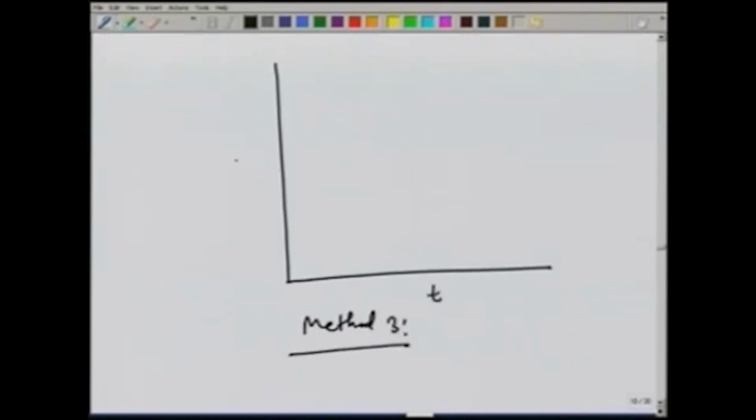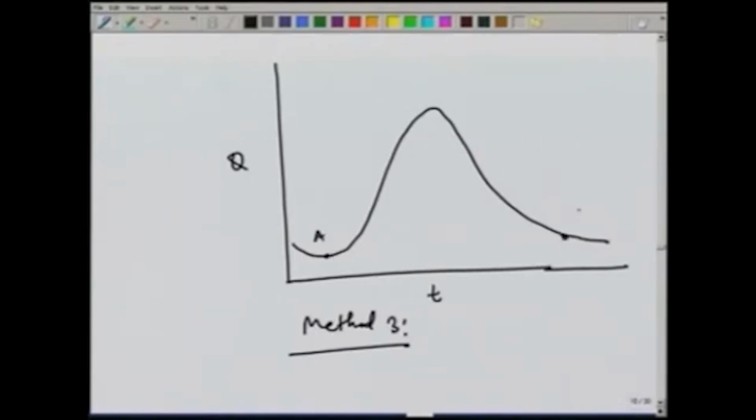So, again let us draw the hydrograph, find out the points A and D. B and C are the points of inflection.